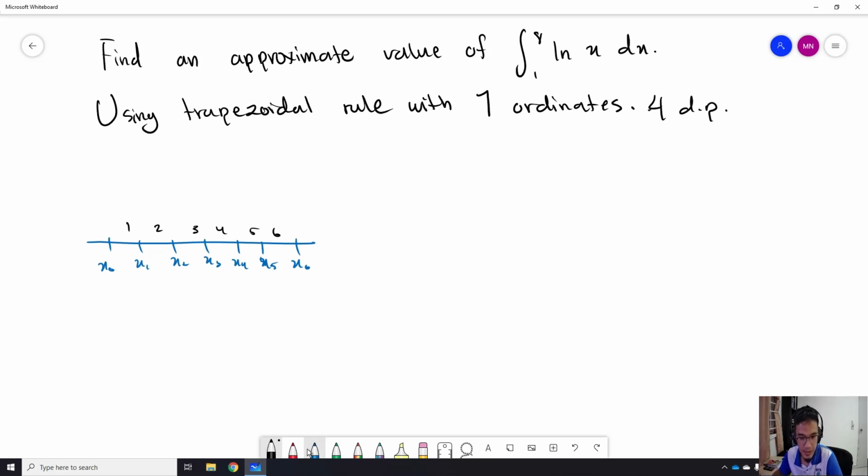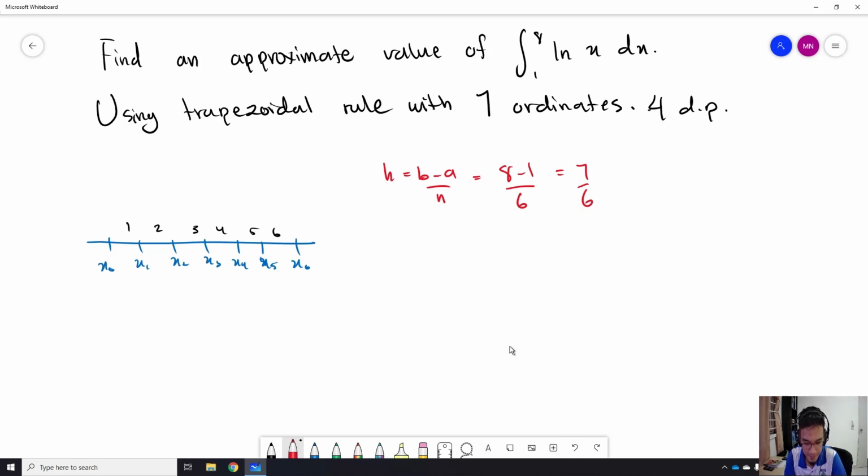In order to find the value of h, h will be equal to b minus a over n. So that is 8 minus 1 over 6, which will be 7 over 6. So our length of the interval is 7 over 6 because 7 ordinates have 6 strips.